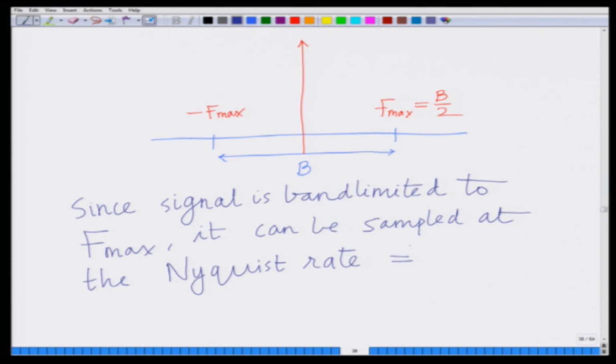And what is the Nyquist rate? We all know from the Nyquist sampling theory that the Nyquist rate equals 2 f max, which is equal to twice B by 2, which is equal to B. So, the total bandwidth is B, the maximum frequency f max is B divided by 2, and therefore this signal can be sampled at the Nyquist rate, which is B.